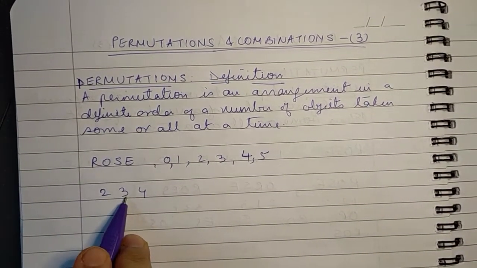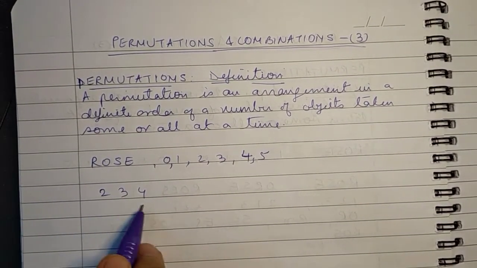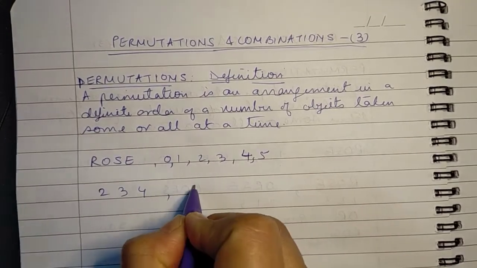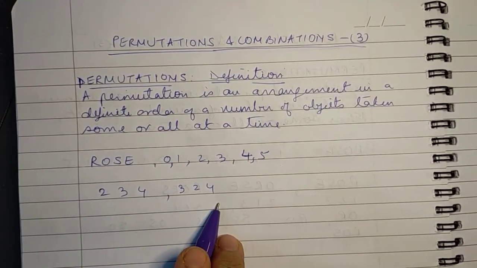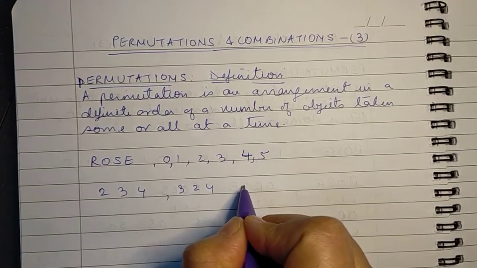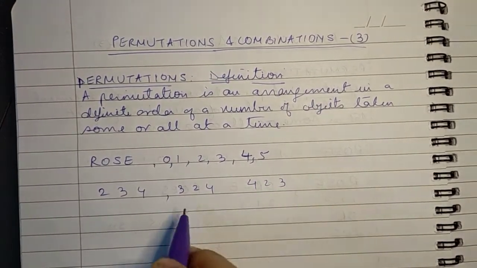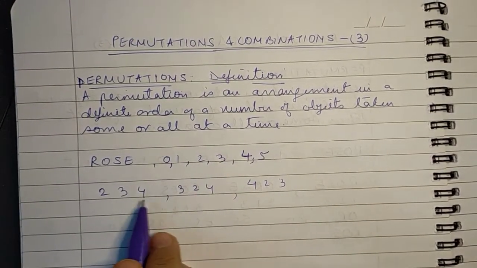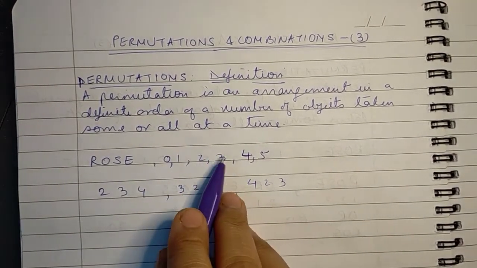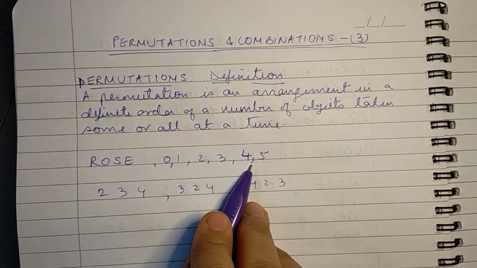This is a three-digit number, but if you just change the arrangement or write it as 3 2 4, this is yet another number. Or if we write it as 4 2 3, this is again another number which we can get using the same three digits which we have picked up from the given numbers.